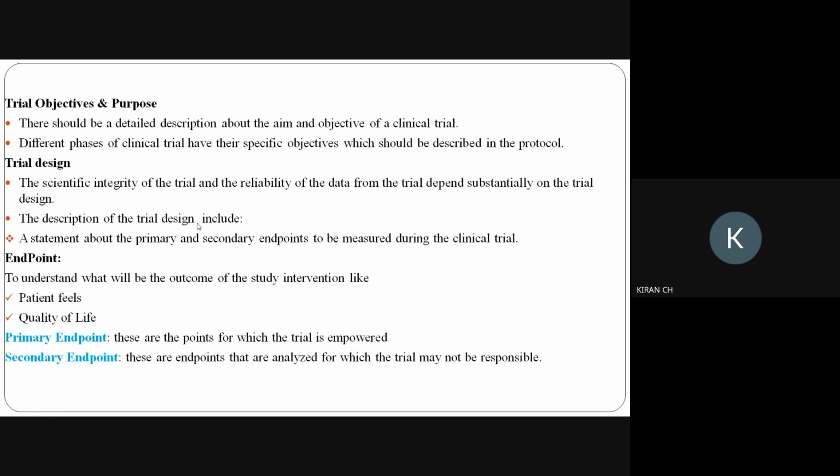For example, I'm doing a clinical trial in patients who are suffering with endometriosis. It is a kind of gynecological condition. So now I'm giving one drug to the patient to know whether this endometriosis is getting controlled by using my drug.